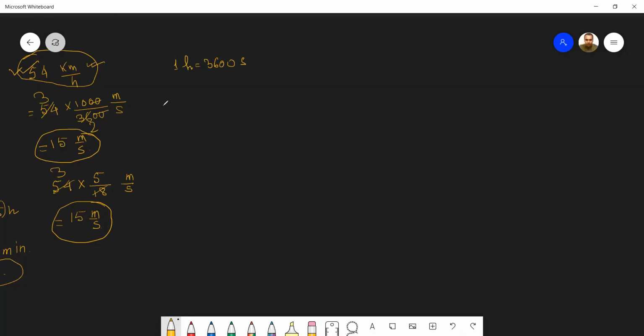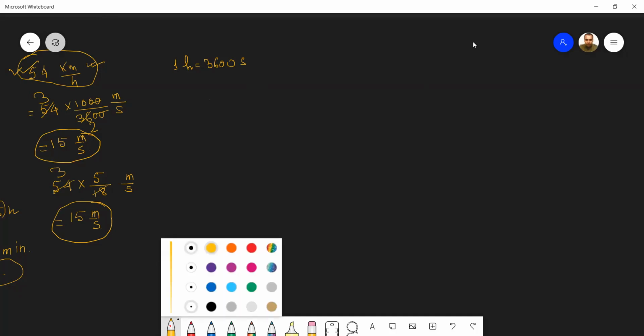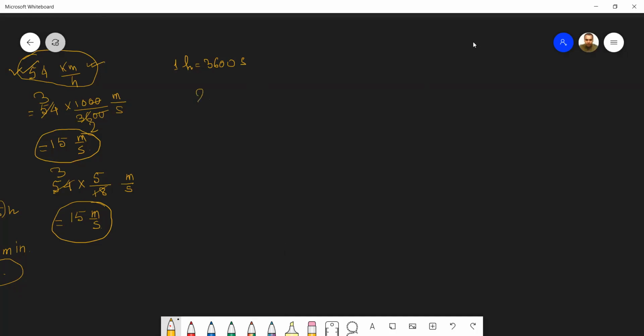Okay, so we have already done the basics. So it was 20 kilometer per hour by 2 minutes. Okay, so it is basically 10 kilometer per hour divided by minutes.